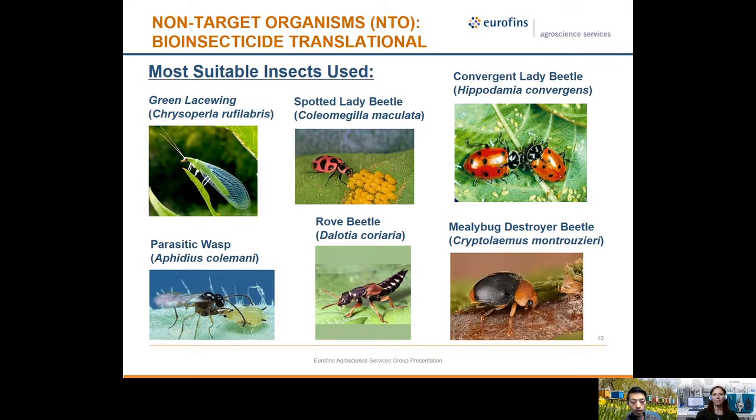On the far right, you see the convergent lady beetles. And these beetles are field collected, so they will only be available from June to around September. And then on the very bottom right are the mealybug destroyer beetles, which are lab reared and they can be available for testing year round.